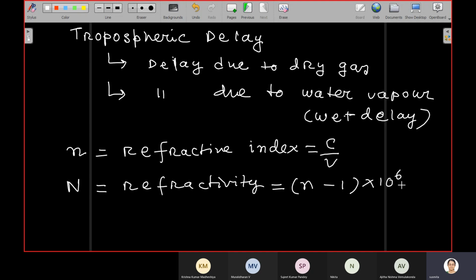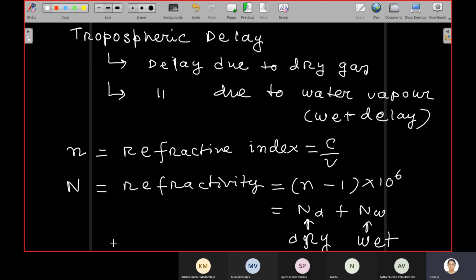Okay, this is a convention. And the refractivity has two components. One is due to the dry component, another is due to the wet component. So this is for dry and this is for wet.